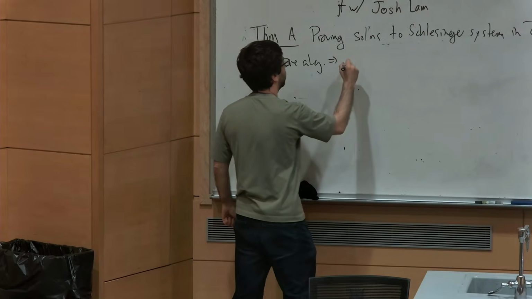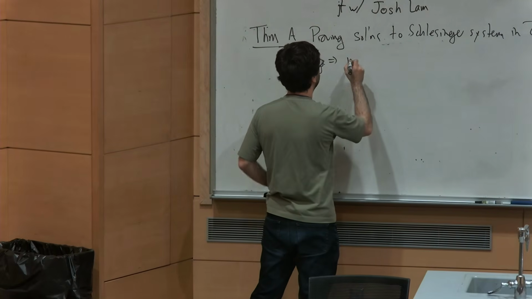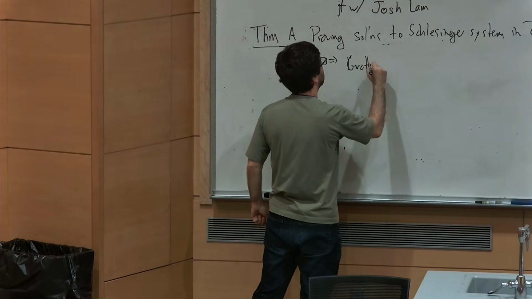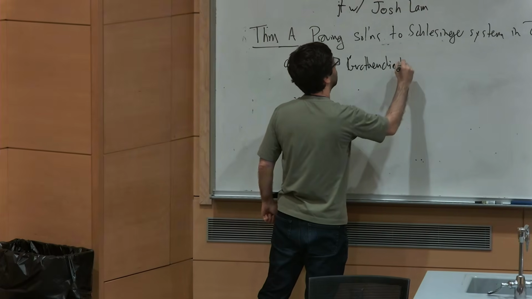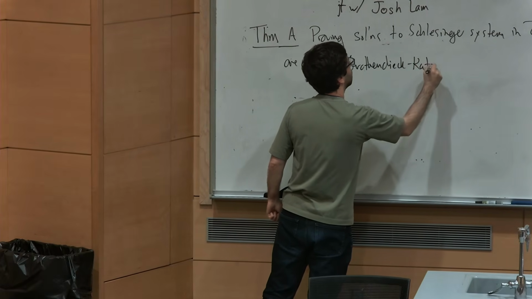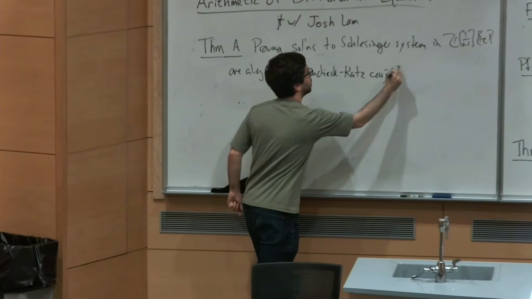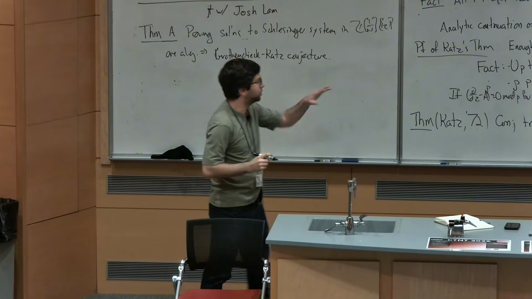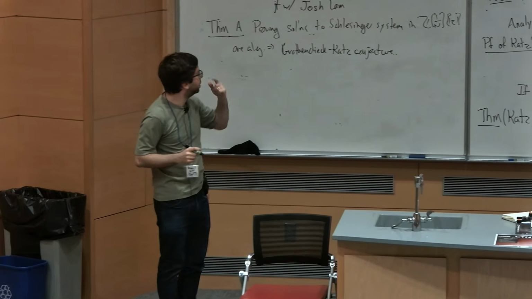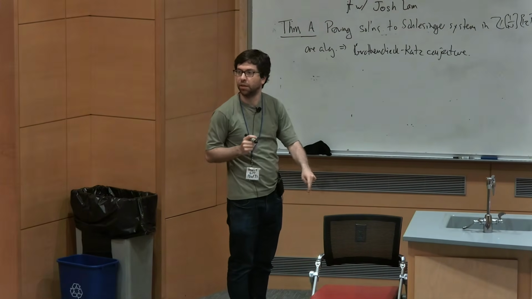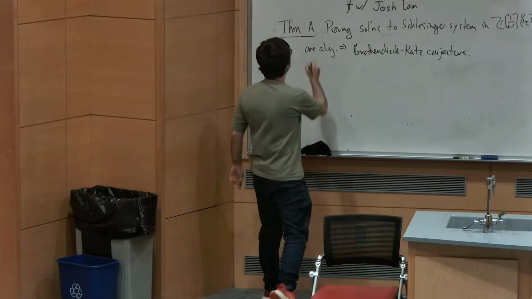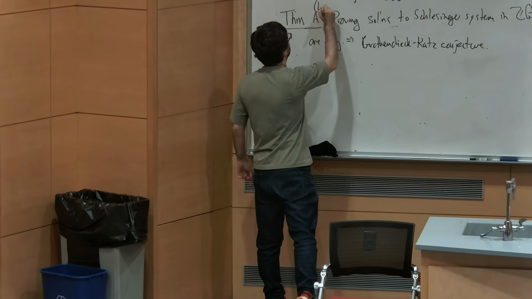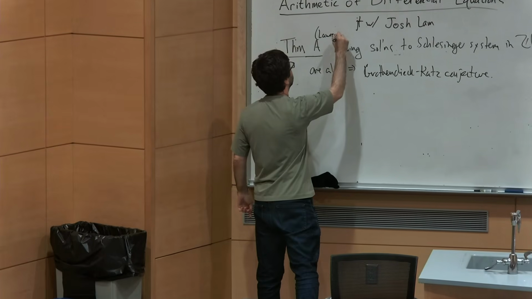So this would imply the curvature is Katz conjecture. Okay, so this one ODE is some kind of master ODE that controls the arithmetic of linear ODE. So this theorem is actually joint work with Brian Lawrence from a few years ago.